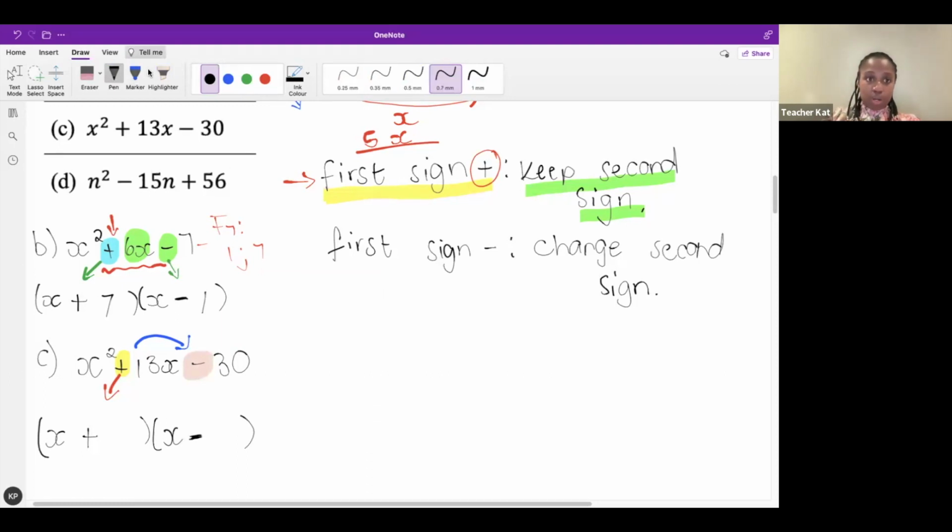Okay, now we're going to have a little bit of an interesting one here. Factors of 30. Now, when we speak of factors, I recommend you write them in pairs, and I'll tell you how. Let's see. How do I get 30? First one is 1 times 30. Give me another way to get 30. 2 times 15.